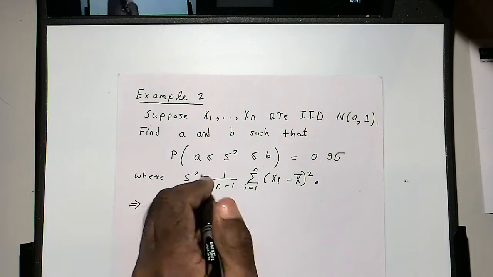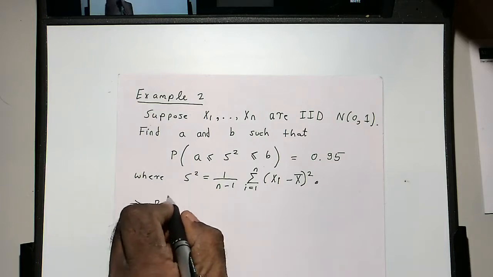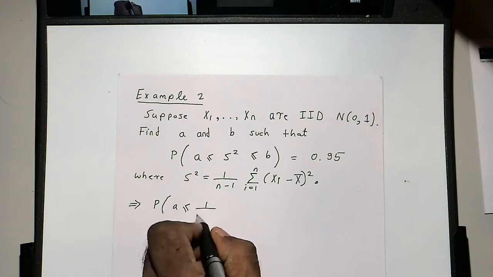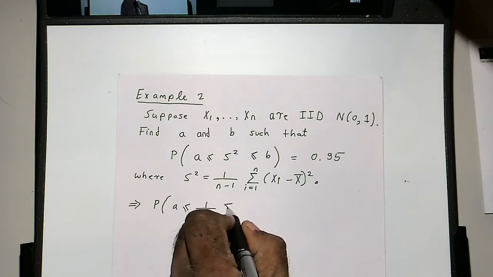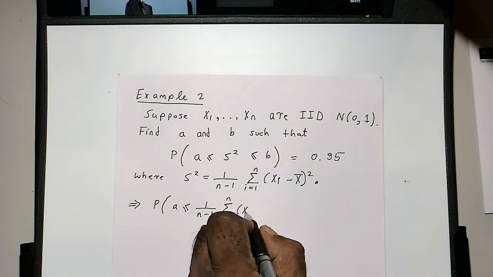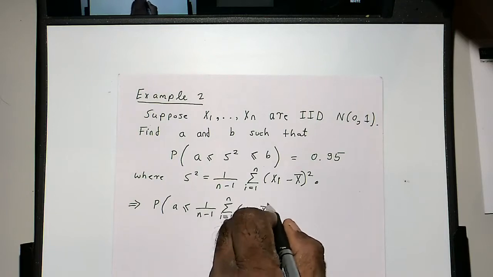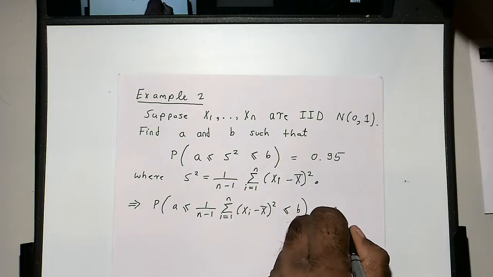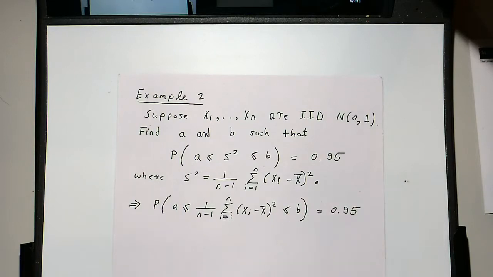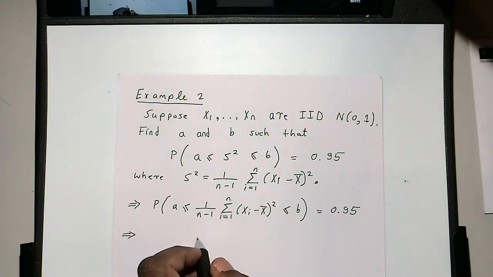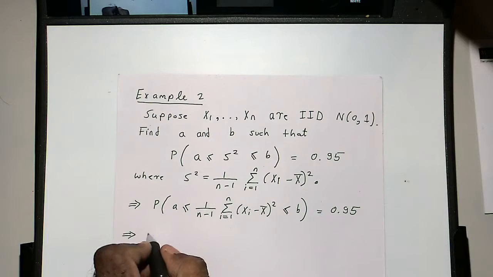So this probability, you can write it like the probability that A, like this, right? The next thing I'm going to do is multiply everything within the brackets by n minus 1.